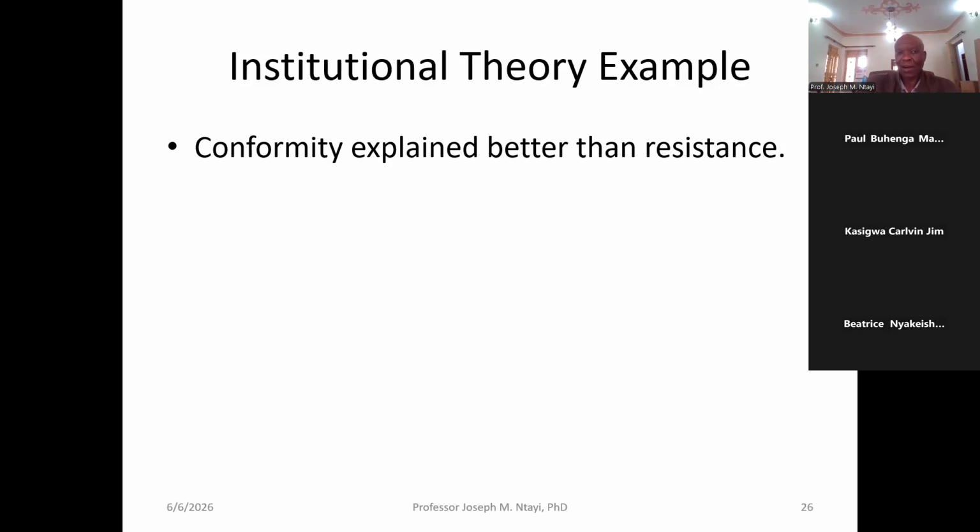And this could be in the area of, for example, environmental health and safety, because I know the rules that relate to environmental health and the safety of the employees. But because I want to resist, I will reinterpret and manipulate and selectively comply with institutional pressures.